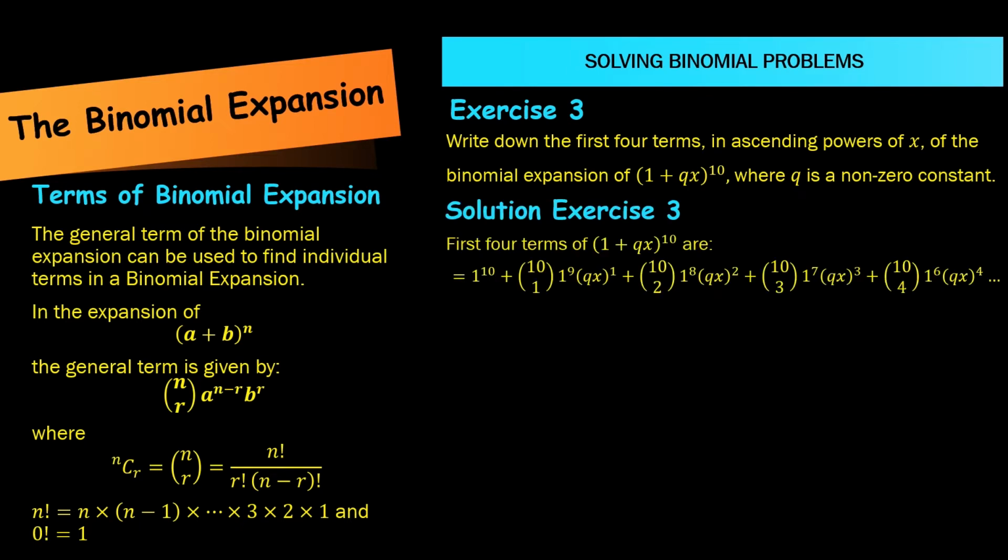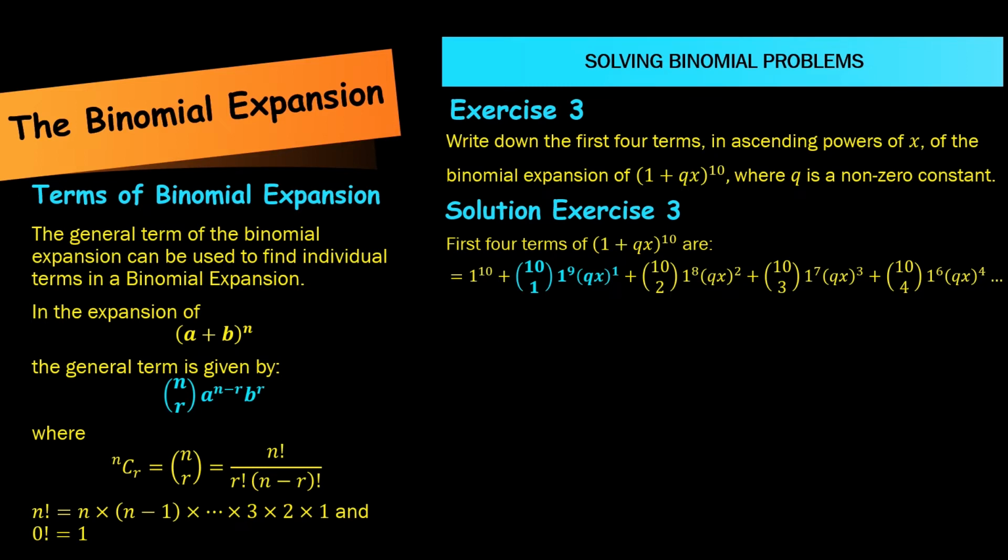We're going to look at the first four terms of 1 plus qx all raised to the power 10. Here's the first term, the constant, 1 to the power 10. Here's the x term.